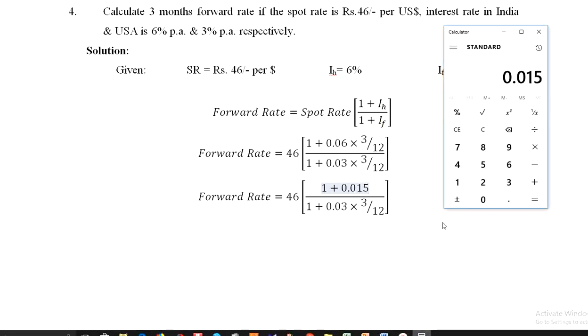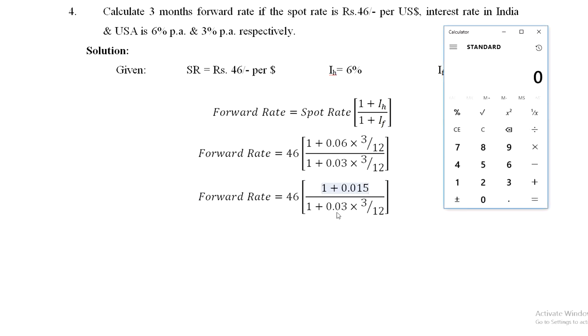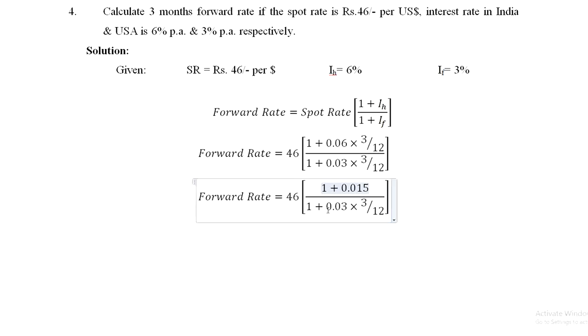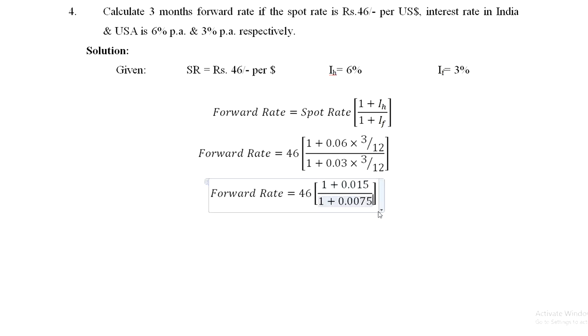Similarly you have to do it for the host country also: 0.03 into 3 divided by 12, so it is 0.0075. You have to be very careful while doing these kinds of problems. You should observe whether we are calculating the interest for 1 year or 3 months.